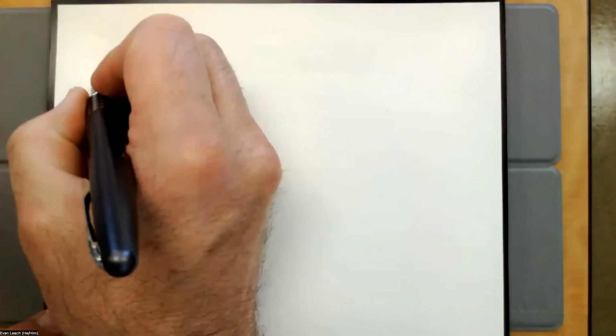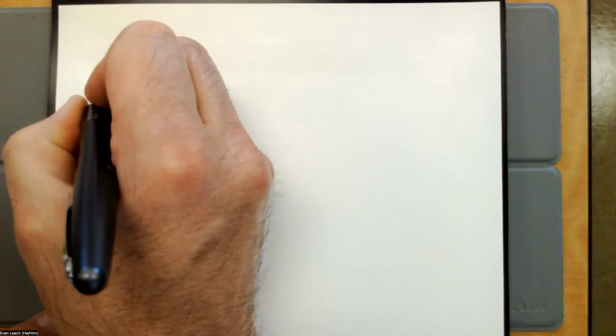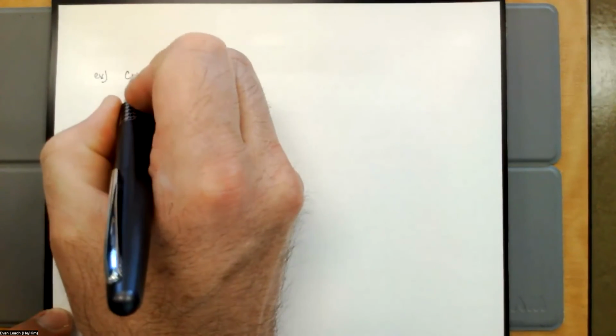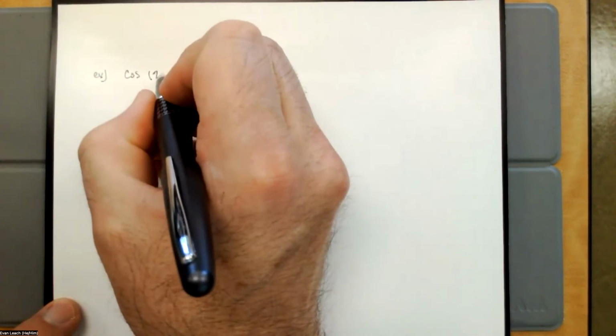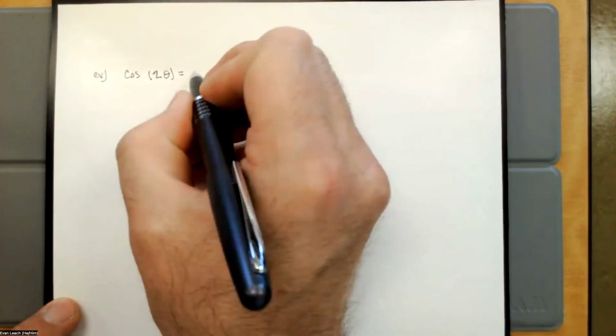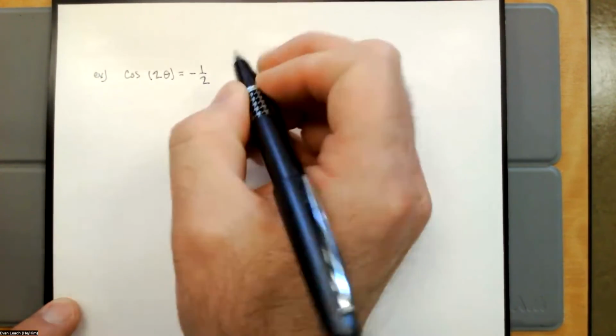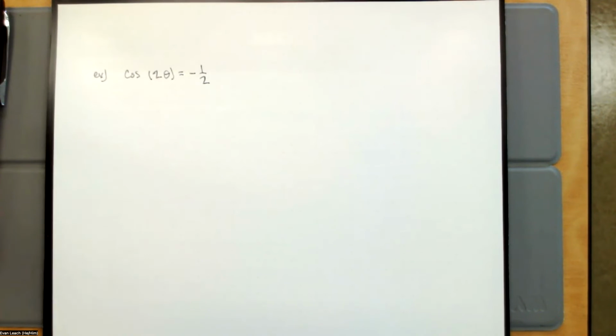So in all the examples that we had previously, the period was 360, and so life was pretty simple. Let's see what happens if I change the period to something else. I'm going to go back to -1/2.